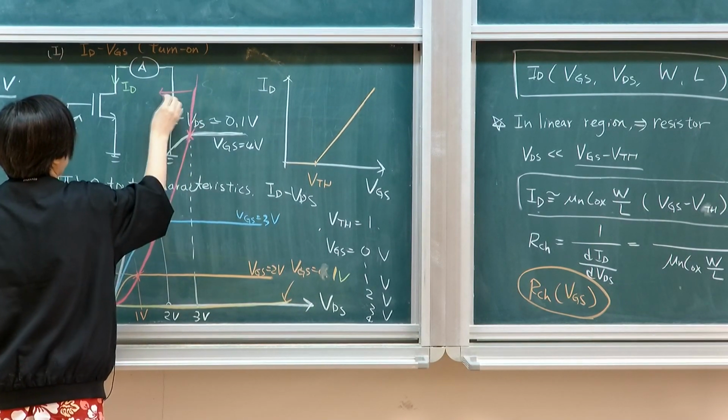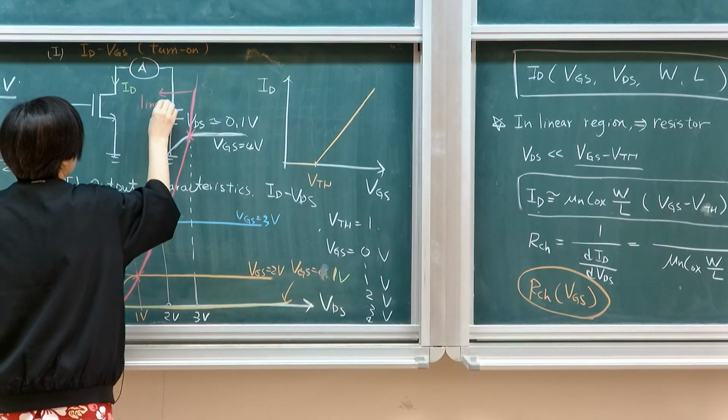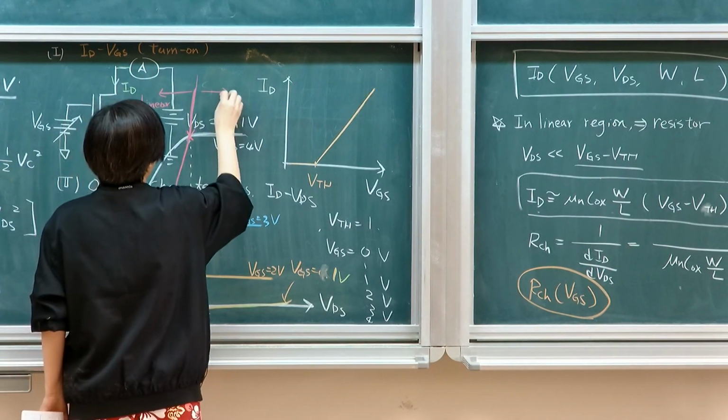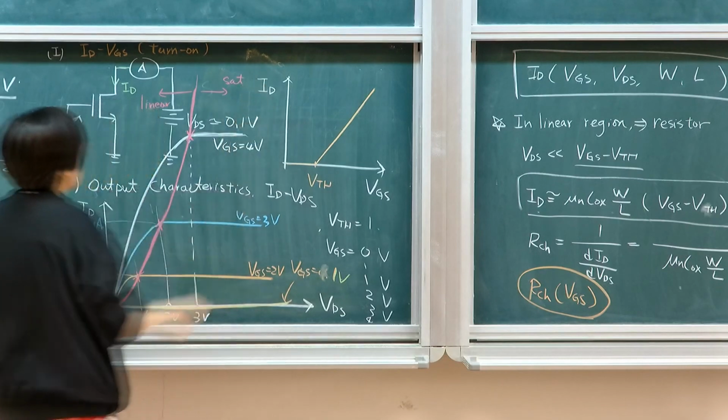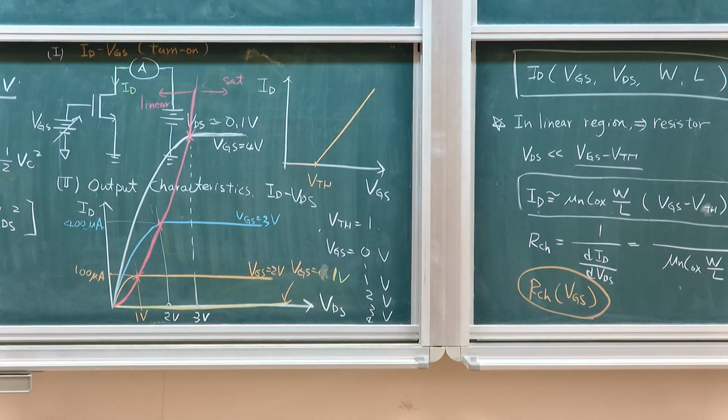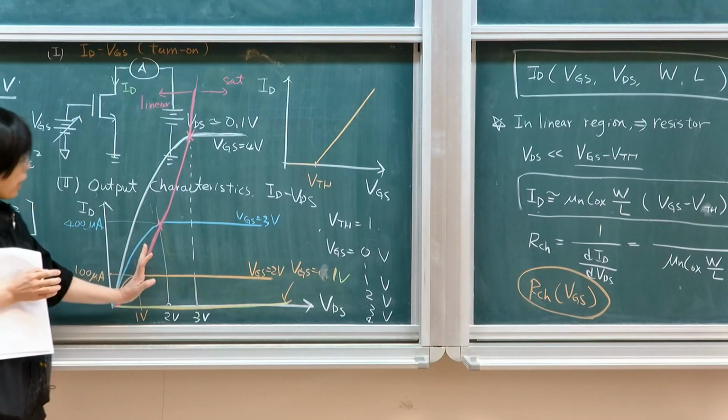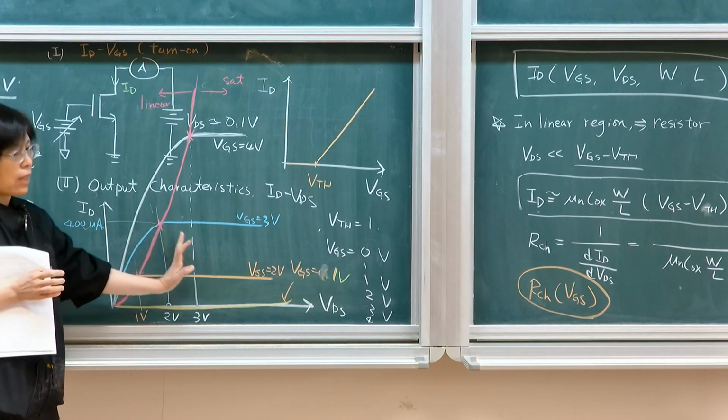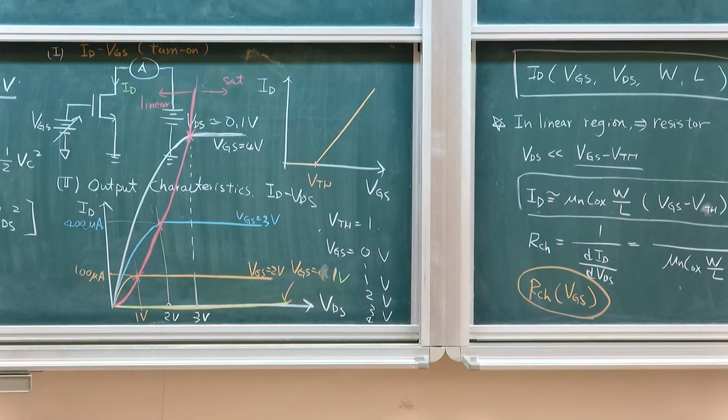This part will be linear. This will be saturation. The line separating linear and saturation will be a parabolic line as well, because the current increases parabolically while the x-axis increases linearly.